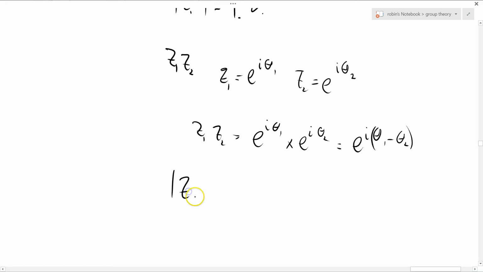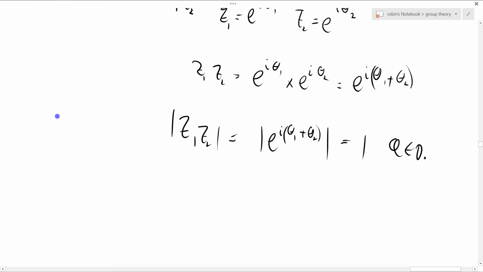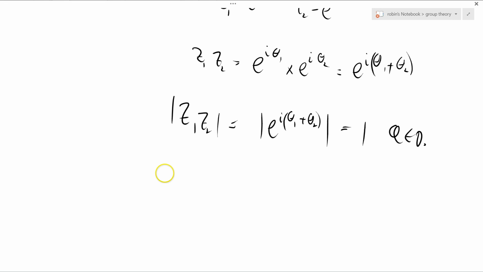Therefore, mod Z1 Z2 equals mod e to the i (theta 1 plus theta 2), which equals 1. So we know that the product is a member of the subgroup as well.